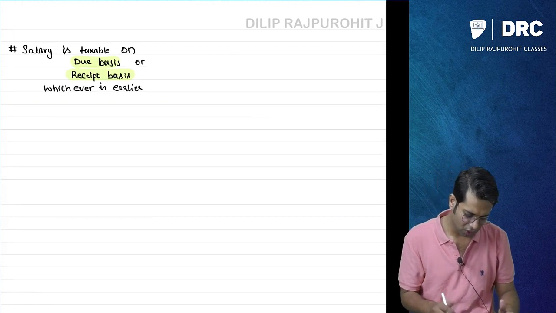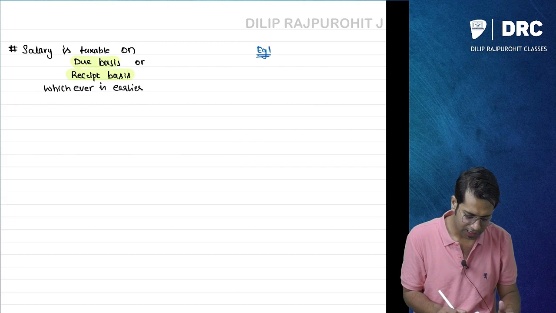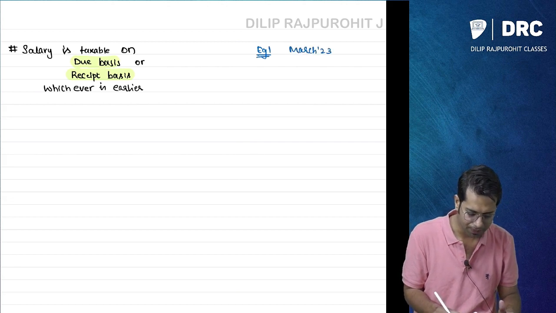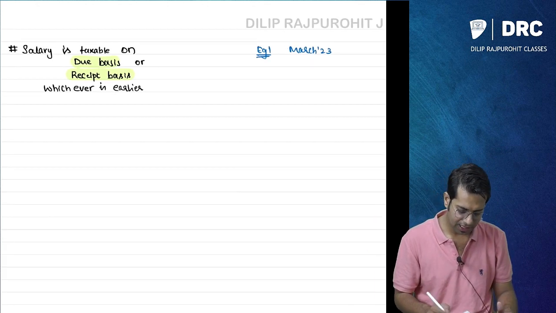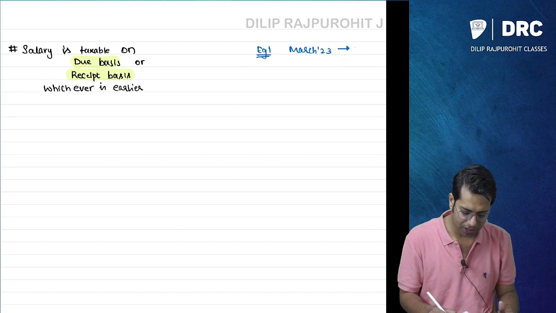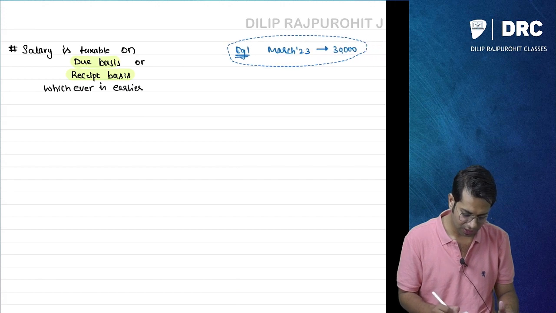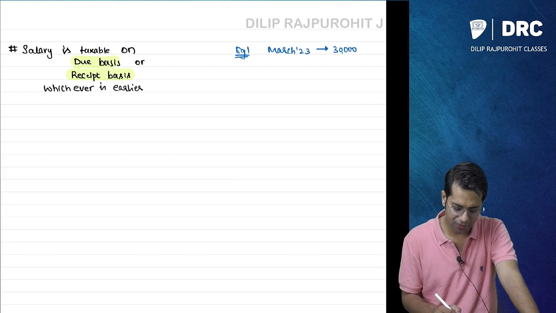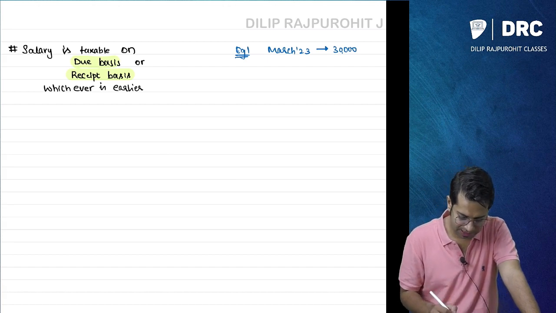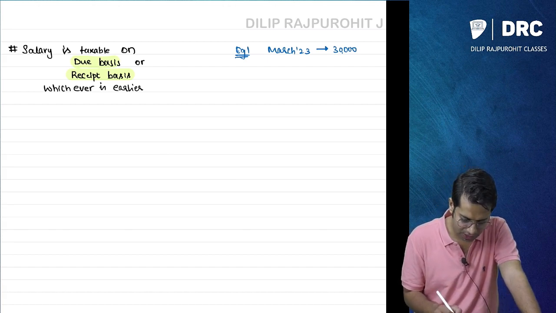For example, if I want to give a simple example to make you understand this point, say for the month of March 23, the salary is 30,000 rupees. Please understand this carefully. Salary is 30,000.